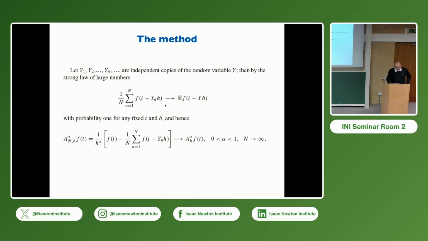Then we introduce independent copies of that variable, and by the strong law of large numbers, with probability 1 for fixed t and fixed h, we have convergence to discrete fractional order differentiation.